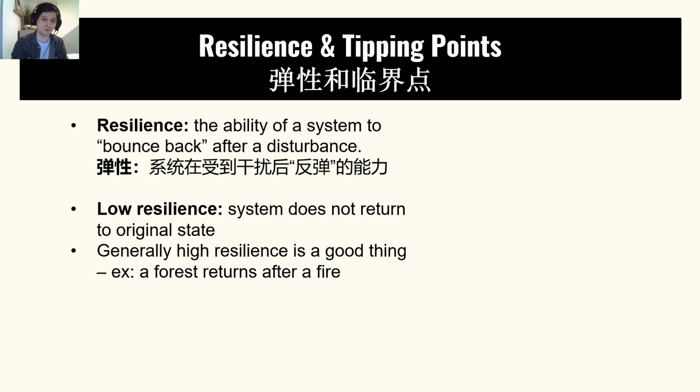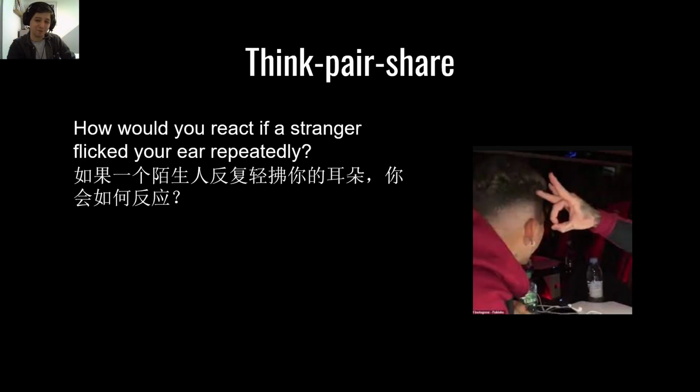To bring back the example we had earlier, a forest returning to normal after a fire is maybe a sign of high resilience. If the forest does not return to its original state, we might consider that maybe low resilience, right? In this example, if a person flicks your ear 3 times and you turn around and you get angry, you punch them, maybe it's low resilience, right?